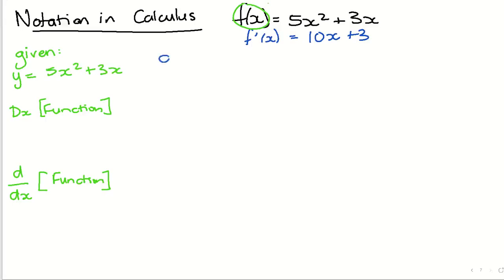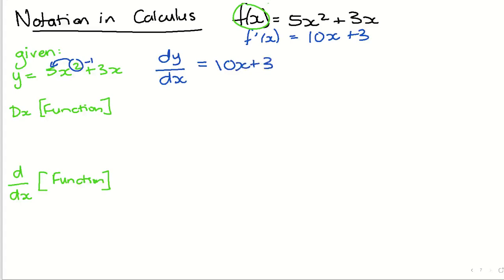I have to write the derivative of my function y with respect to x is going to equal, and we now apply our derivative rule, like we would normally do. Take the 2 times it in front, minus 1 from it. So it becomes 10x plus 3.